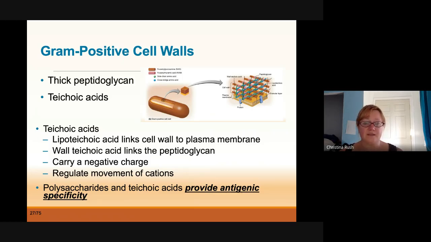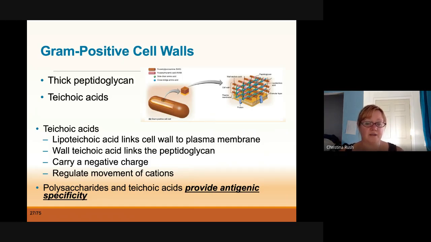Wall teichoic acid will link the peptidoglycan to itself. These acids carry a negative charge, and they also aid in the regulation and movement of cations. So the cations that need to come through that cell wall, through the cell membrane for metabolic processes.